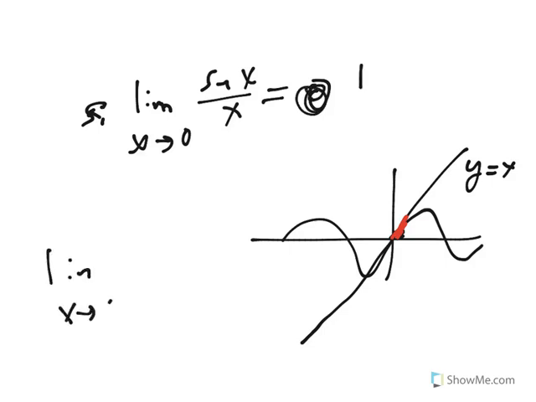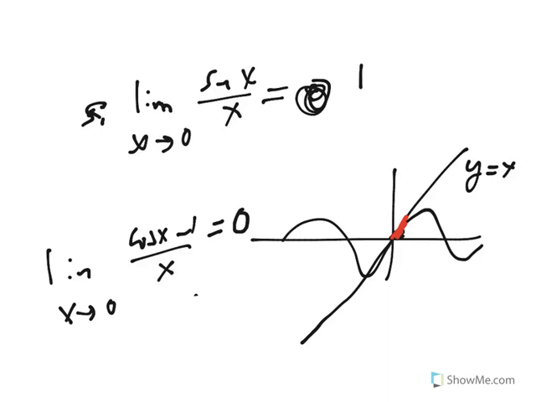And another fact I'm just going to kind of tell you, the limit of cosine x minus 1 over x, even though if you actually plug 0 in, you'd get 0 over 0, cosine x minus 1 over x actually gets closer and closer to 0.